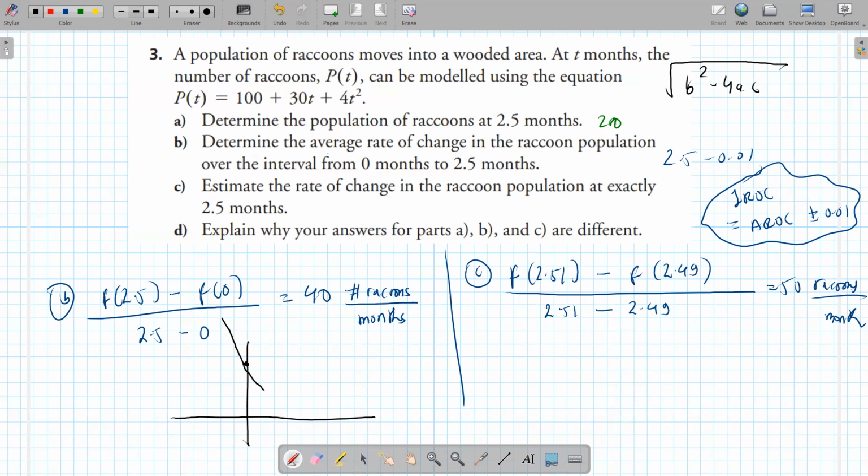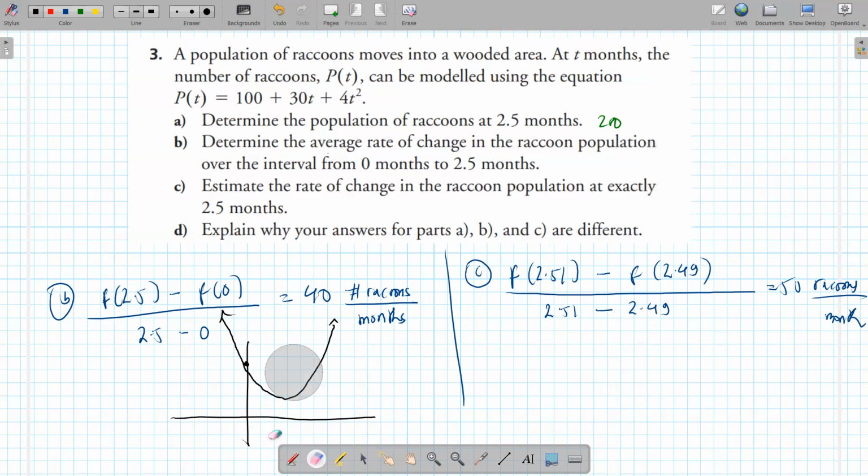So the graph of this would look probably something like this. We can find where the vertex is. Even though it doesn't have an x-intercept, a quadratic is always going to have a vertex or a turning point. It's at minus b over 2a. So here it'll be minus 30 over 200, which is what, 3 over 20?